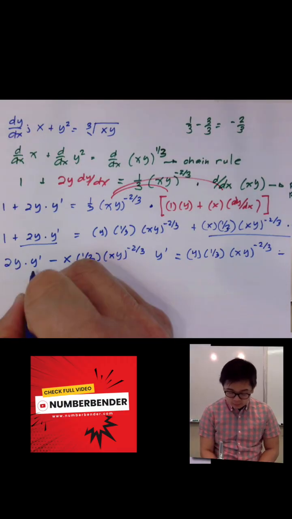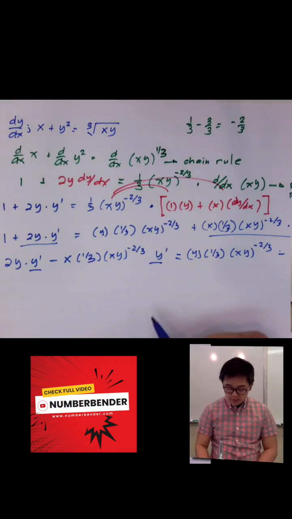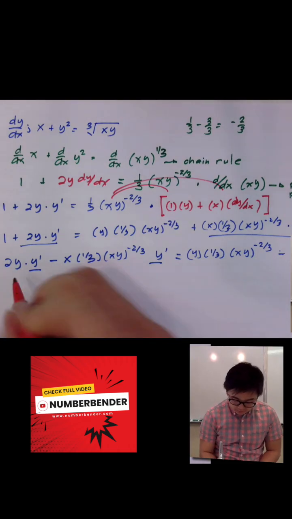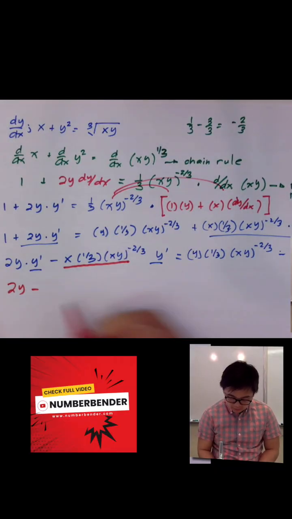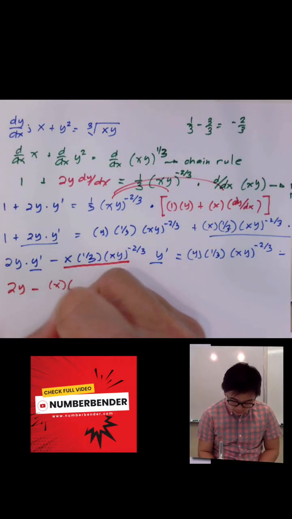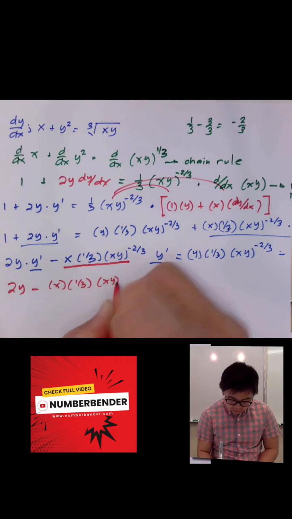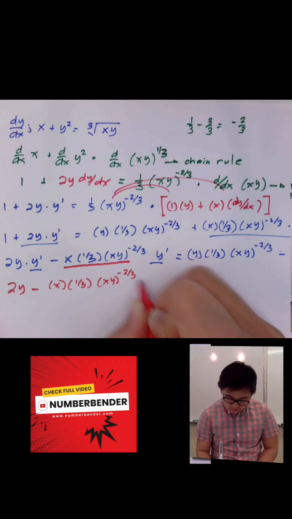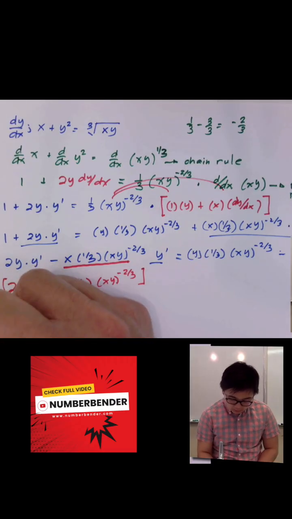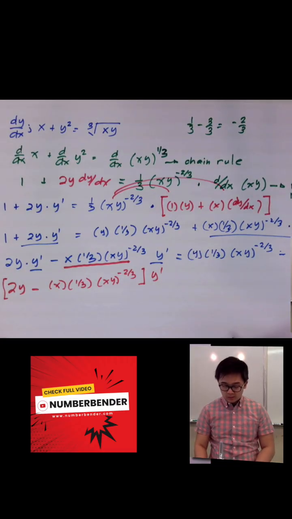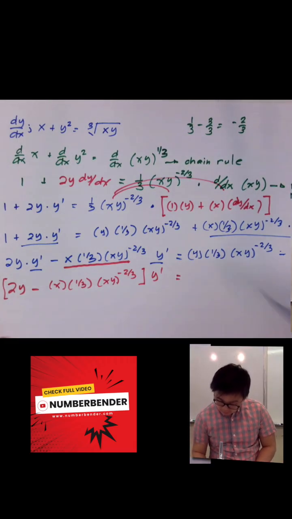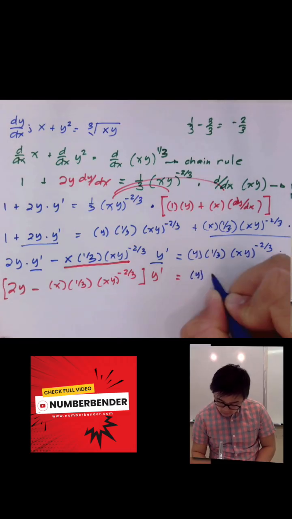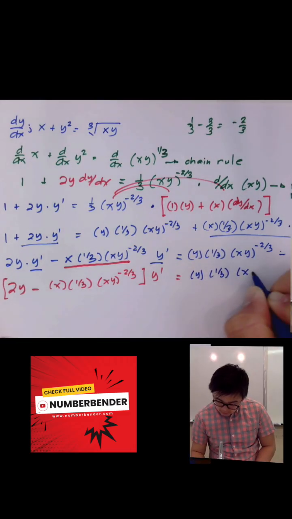Now all I need to do is to factor out my y prime, so I will end up with 2y minus this whole term right here, which is x times 1/3 (xy) to the -2/3, and this one will have y prime as their common factor, equal to, this one is y times 1/3 (xy) to the -2/3 minus 1.